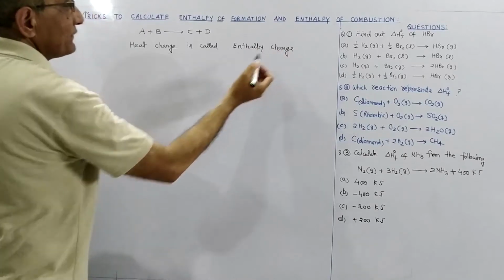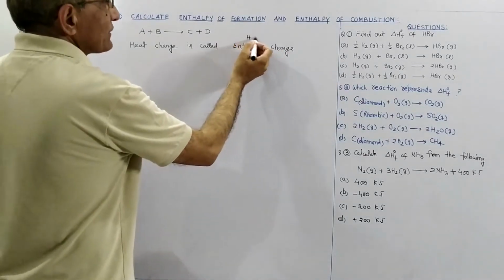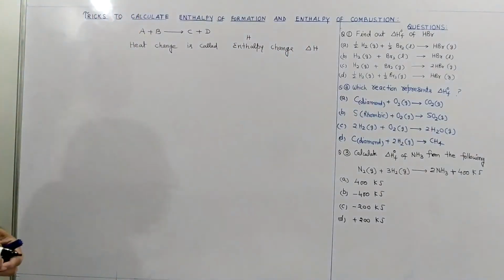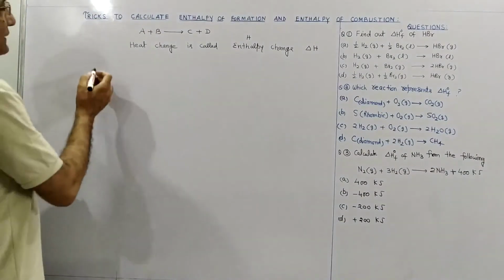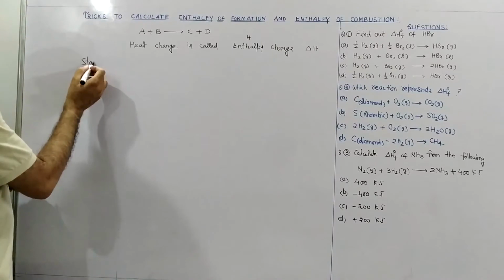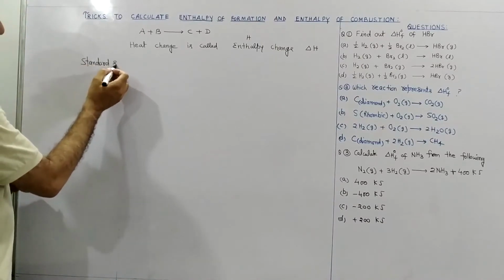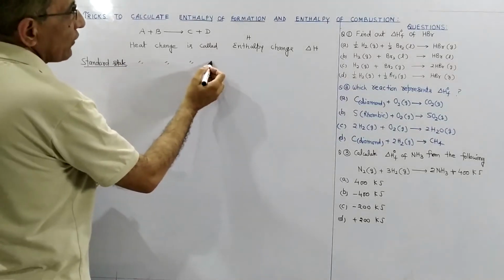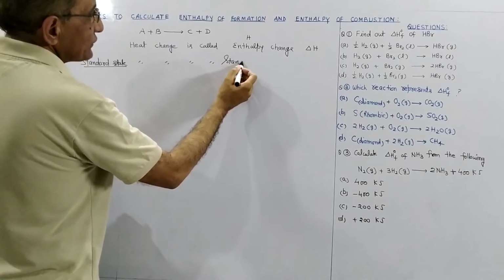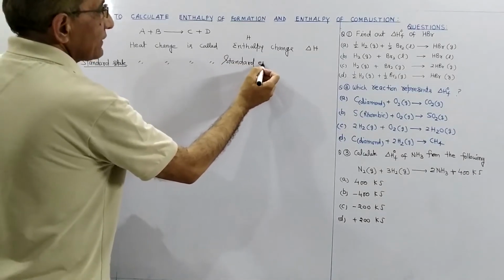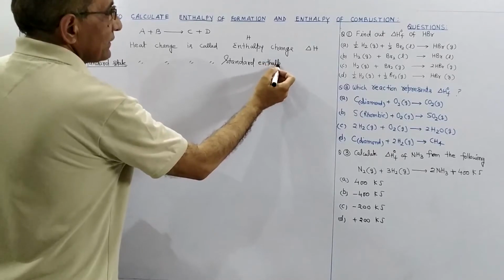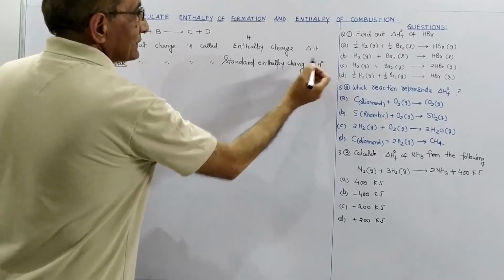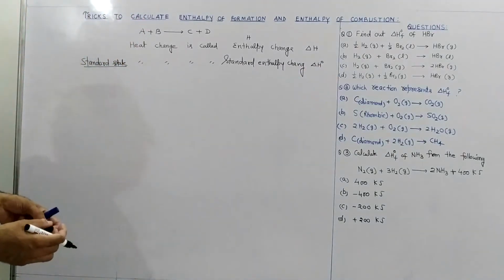And we know that enthalpy is denoted by capital H, so enthalpy change will be delta H. But if this reaction is carried out in standard state, then the heat change in standard state is called standard enthalpy change, and we can represent it like this, delta H naught. It is standard enthalpy change.